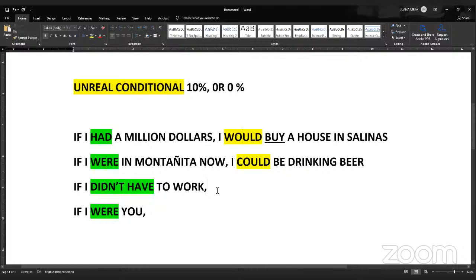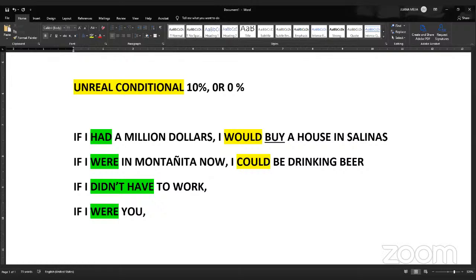Number 3. If I didn't have to work, si no tuviera que trabajar. That's interesting. I would go on vacation. Okay, structurally is correct. Estructuralmente está bien. Si no tuviera que trabajar, estaría en vacaciones, como que no, ¿verdad? Pero estructuralmente está bien. If I didn't have to work, I would be on vacation.